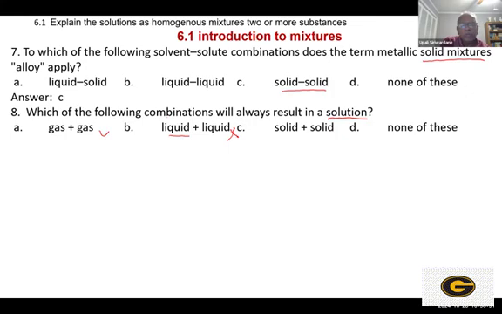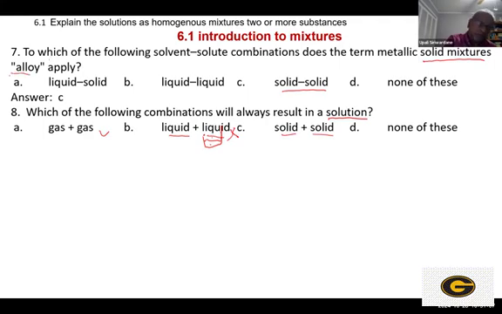Therefore, it does not always result in a solution. If liquid separates out, they form a layer. Therefore, it's not a homogeneous mixture. Solids also have that problem, depending on the relative amount of solid and solid. Lower concentration of solid leads to a solid solution, called alloy.